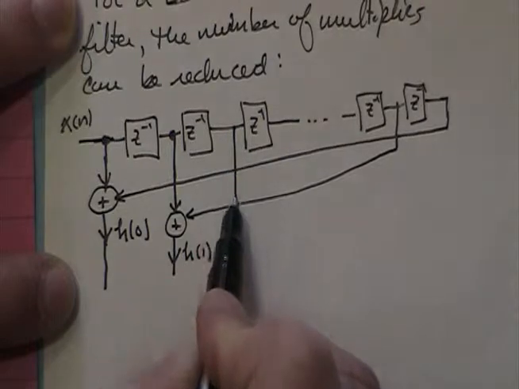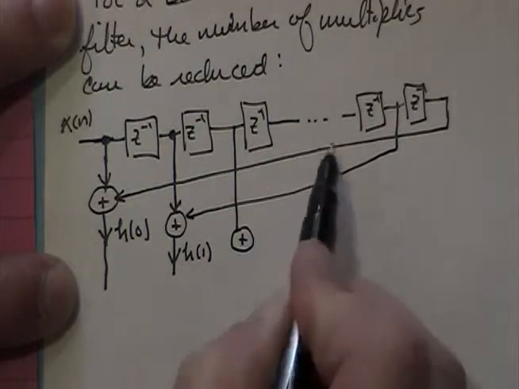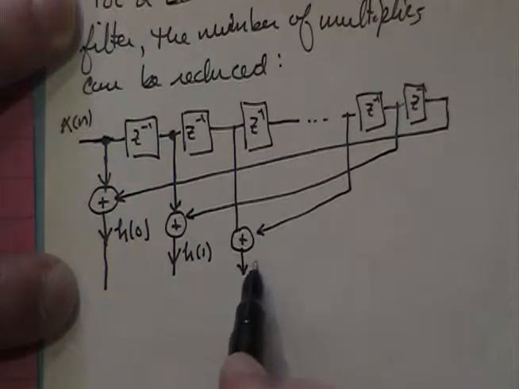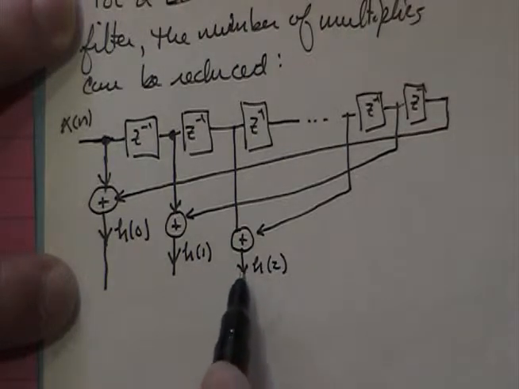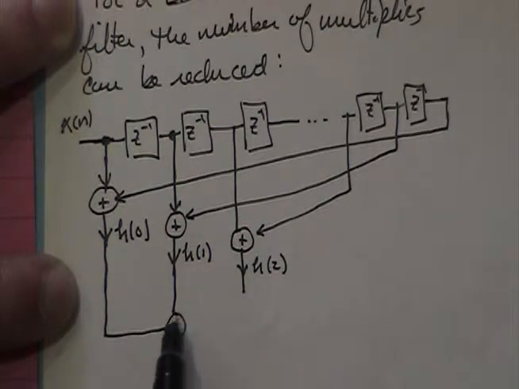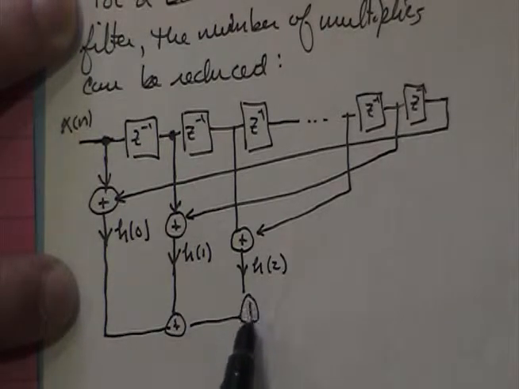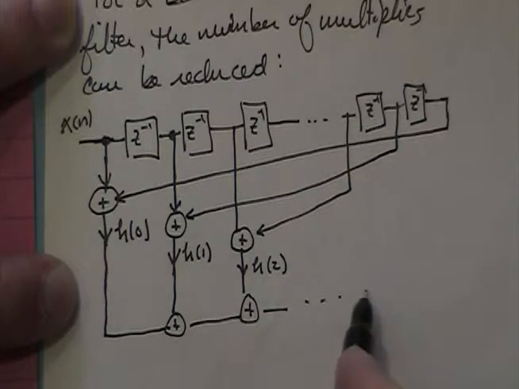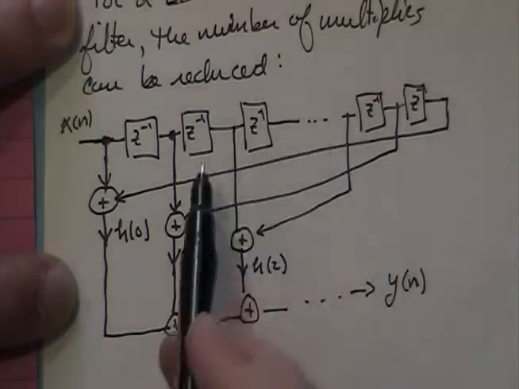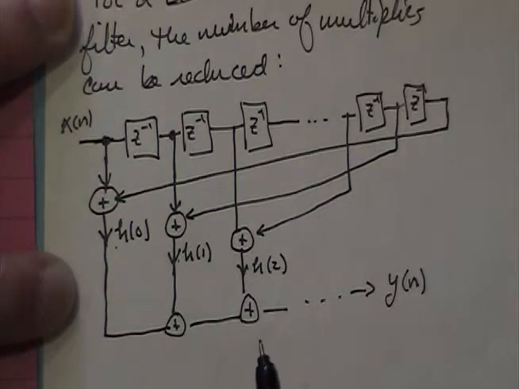And so on. I have another plus sign here, something else out here that gets added to it, h of 2. The result is I get about the same number of total additions, but to generate my filter output, I only have to do the scalar multiplication half as often.